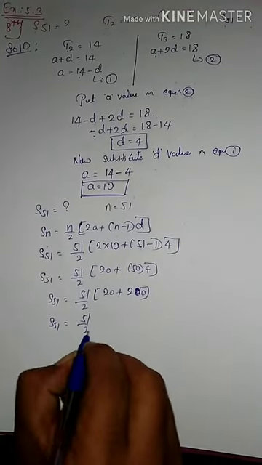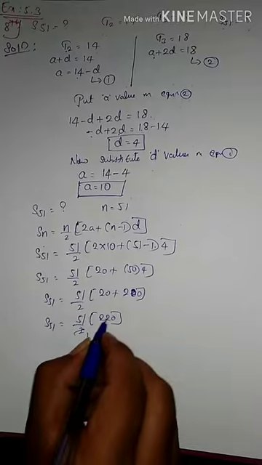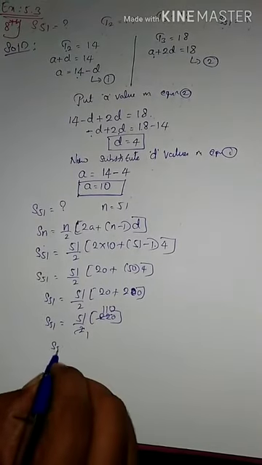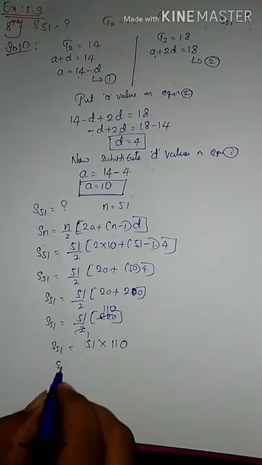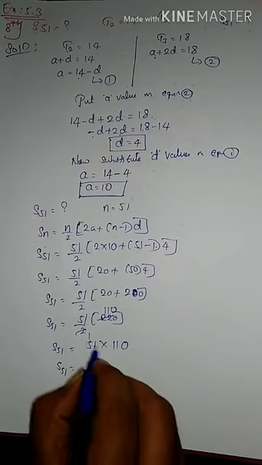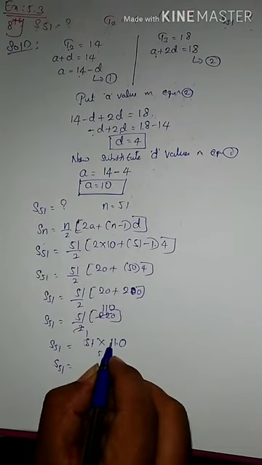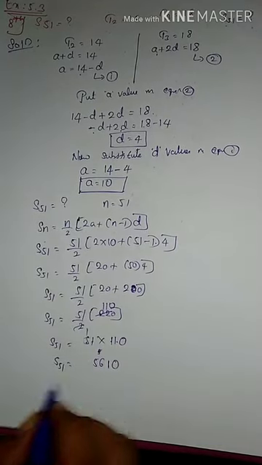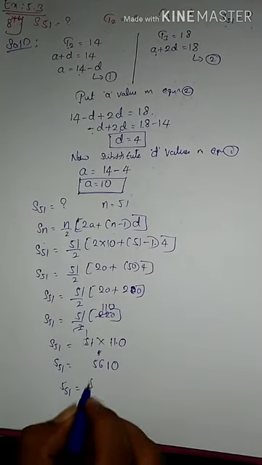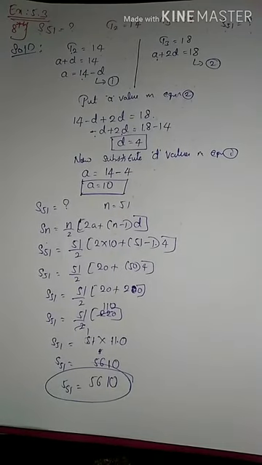So 51 by 2 into 220. 2 elevens are 110. So S51 is equal to 51 into 110. 51 ones are 51, 5 is carry, 51 plus 5 is 56, and then 0. So S51 is equal to 5610, the sum of first 51 terms of an AP.